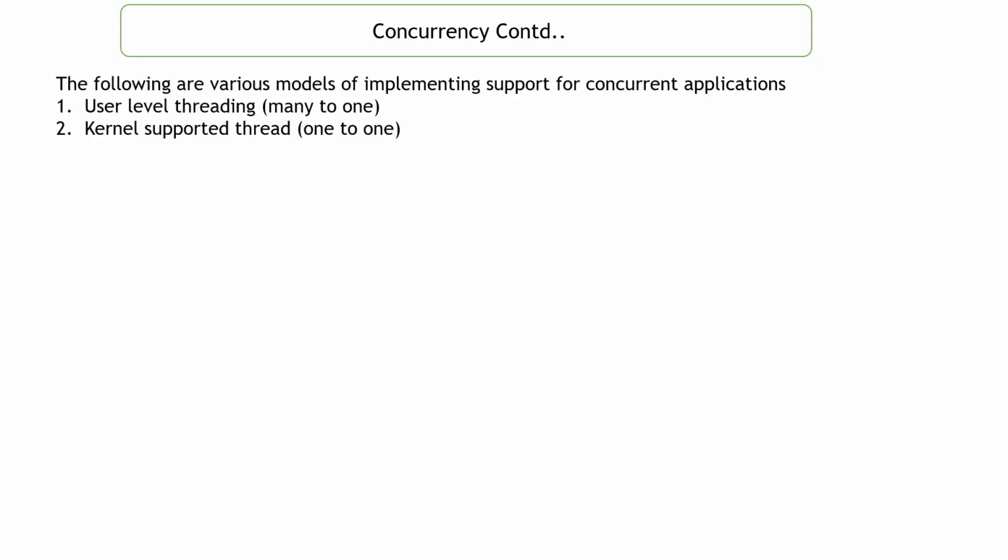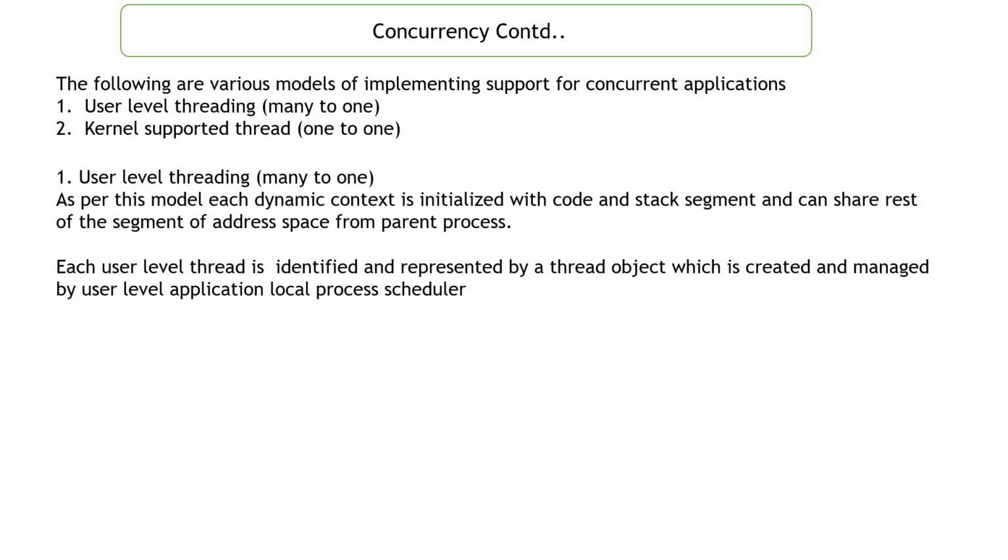The various models of implementing support for concurrent applications are user-level threading, which is many-to-one, and kernel-supported threads, which is one-to-one. In user-level threading, as per this model, each dynamic context is initialized with a code and a stack segment and can share the rest of the segments of the address space from the parent process.